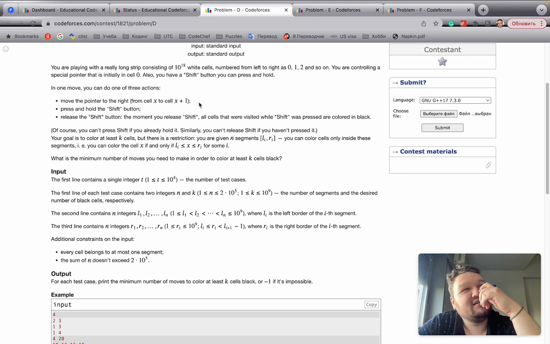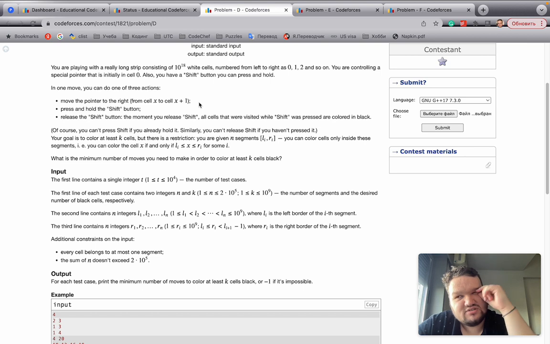Oh, but to color, we will reach some point in the end, and all the colored cells should be to the left of that point.